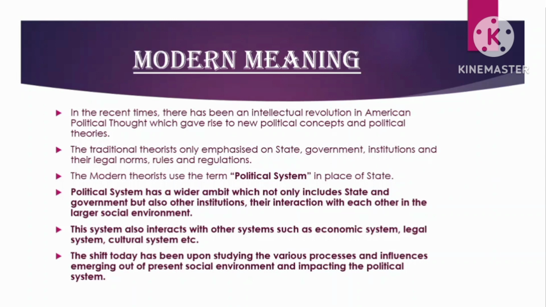These institutions are trade unions, political parties, civil society groups, and individuals themselves who exercise a great influence upon the state as well as the government. All these associations and institutions interact with each other, have different processes, and influence the state as well as the working of the government.